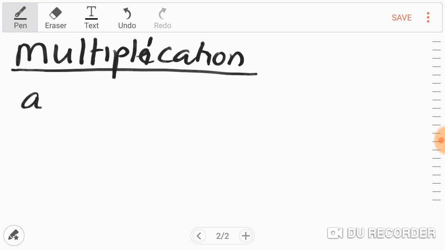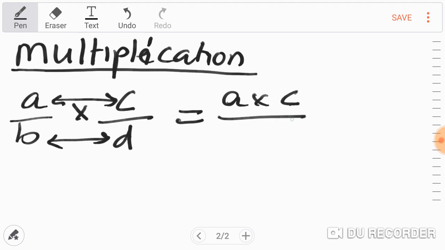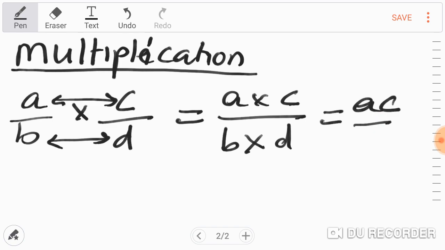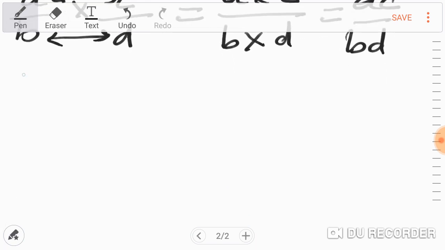So now if you multiply A over B by C over D, in this case you just multiply them directly. So you will have A multiplied by C over B multiplied by D, which is equal to AC over BD. Very simple, right?